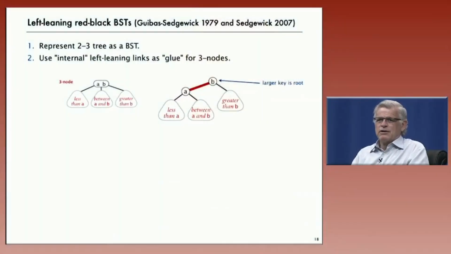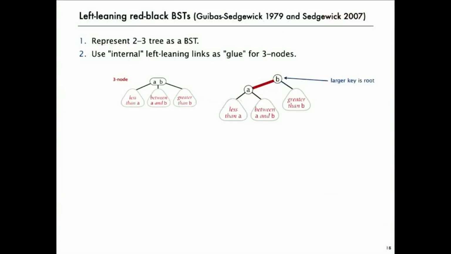So the idea is that we are going to represent every 2-3 tree as a binary search tree. And in order to get that done, we just need a simple representation for 3-nodes. So what we're going to do is use internal left-leaning links to glue the 3-nodes together.